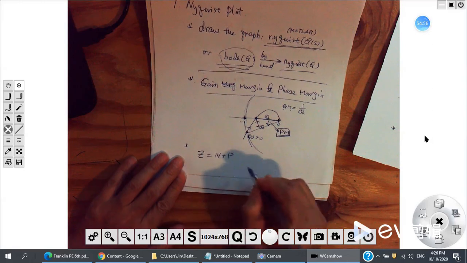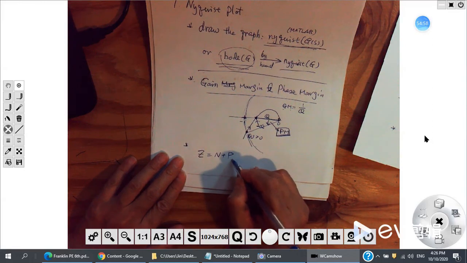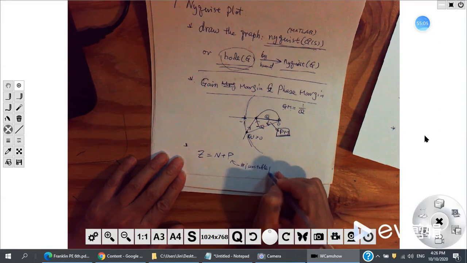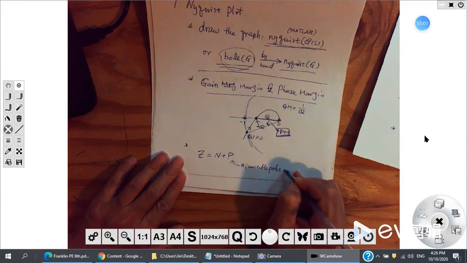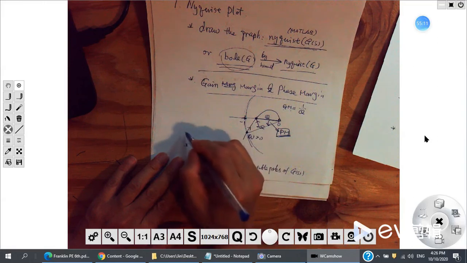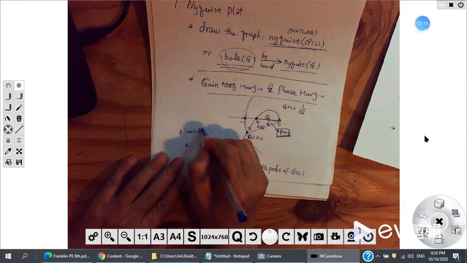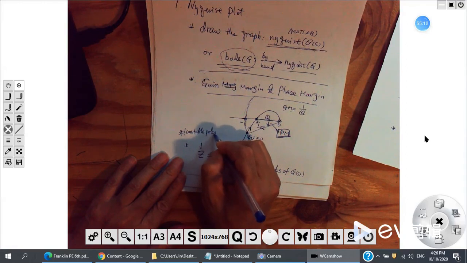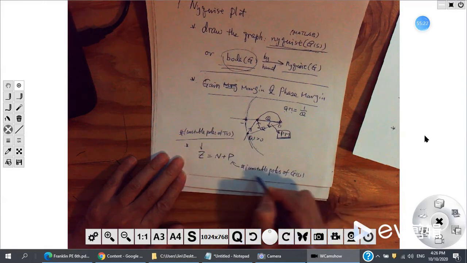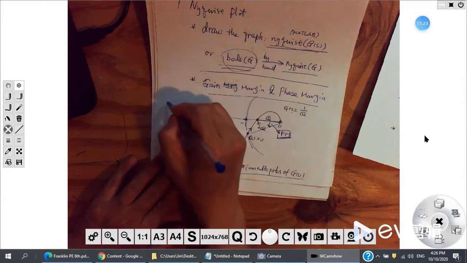Right? And the P is the number of unstable poles of G. And this one gives us the number of unstable poles of T of S. Alright, and here of course T of S is this one.